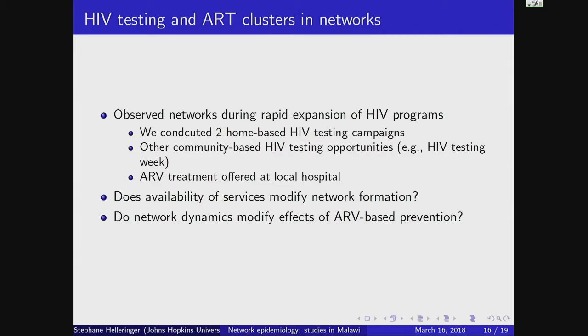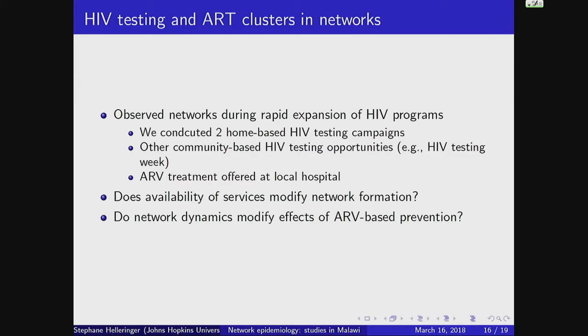And more importantly, ARV treatment became available at the local hospital. So what we wanted to find out is whether the availability of such services for prevention and treatment modifies network formation in some ways, and whether the network dynamics that emerge may modify the effects of these prevention activities.